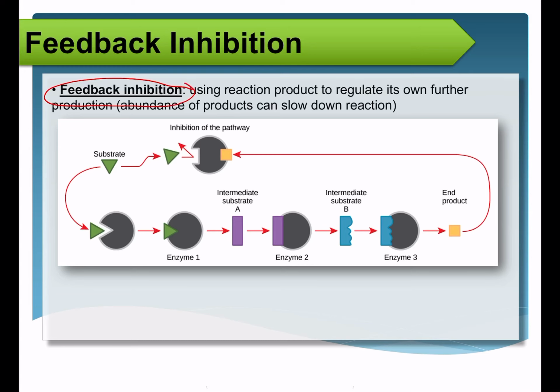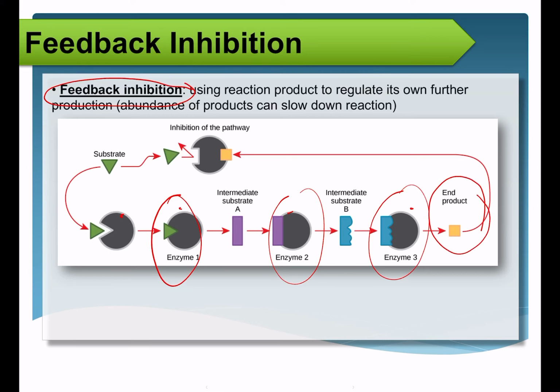Say we have a certain pathway involving many enzymes, for example, as you can see here, enzyme 1, enzyme 2, enzyme 3. This pathway involves many enzymes in succession to produce a final product at the end here. Sometimes this particular end product can actually serve as an allosteric inhibitor of the very first enzyme of the pathway to stop the assembly production line.